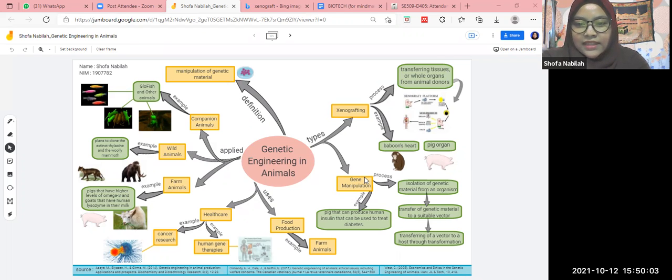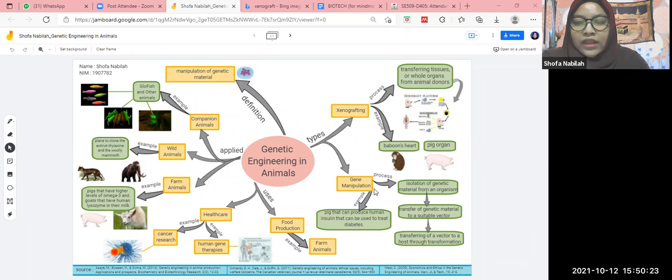And the second is gene manipulation. The process is isolation of genetic material from an organism, transfer of the genetic material to a suitable vector, and then transferring the vector to a host through transformation.